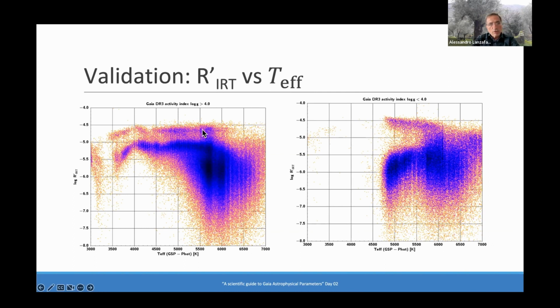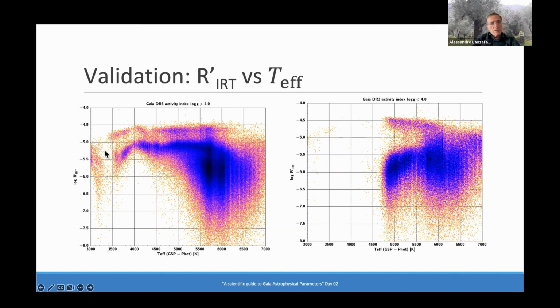So here we have a mixture of high chromospheric activity and accreting stars in this part here. As we shall see in a moment, this other branch here is active stars, very active stars in the main sequence, mostly, not only, but mostly. And here we have a bunch of inactive stars.